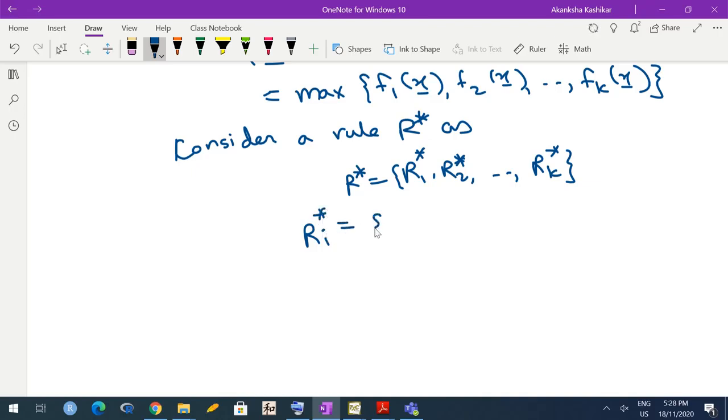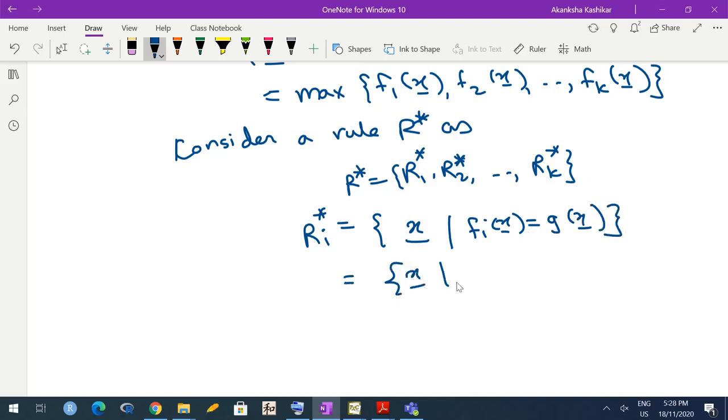In general, Ri star is the collection of all those x for which fi(x) is the same as g(x). It is the same as saying that it is the collection of all those x for which fi(x) is greater than or equal to fj(x) for every j not equal to i.